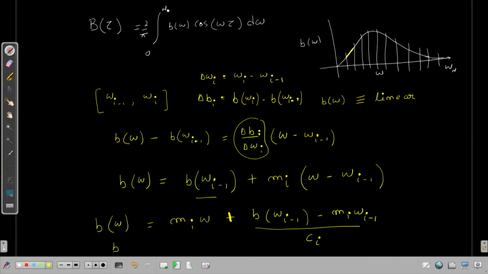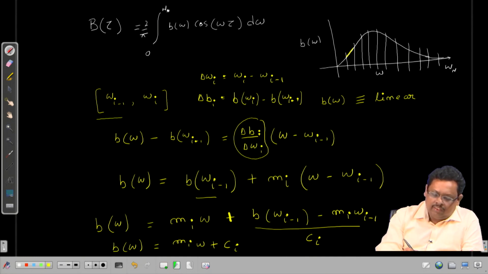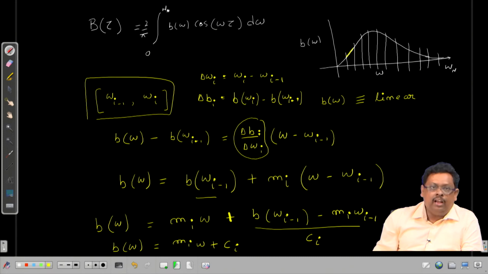So finally, I have b(omega) equal to m_i into omega plus C_i. That is how I can write the equation in the interval between omega_{i-1} to omega_i.